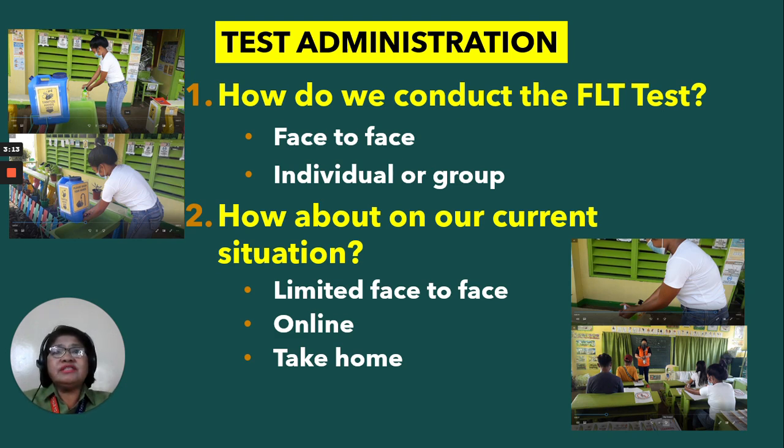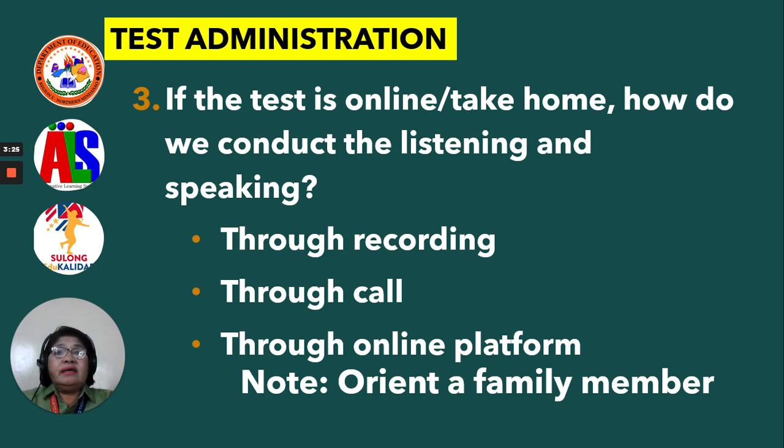In our present situation, which is COVID-19 pandemic, we can conduct limited face-to-face, online, or take-home. As you can see in the picture, the ALS implementer conducted face-to-face FLT following the proper and safe health protocol prior to the taking of test by the learners.